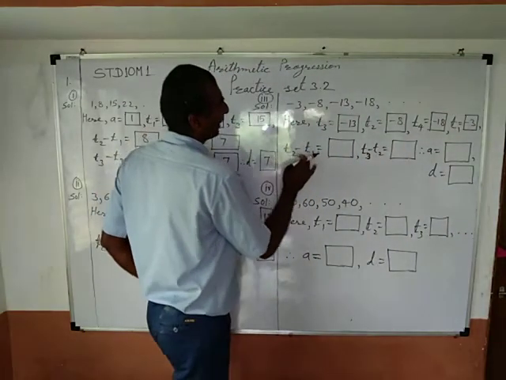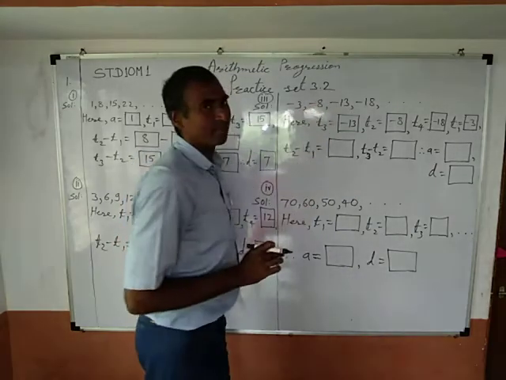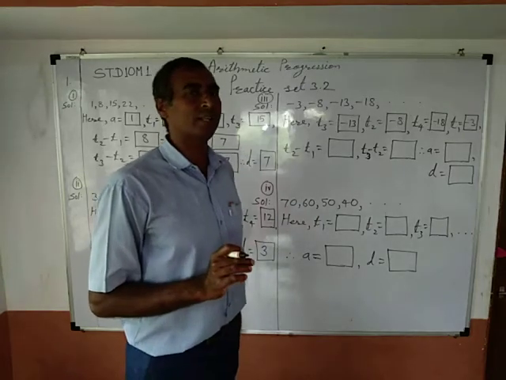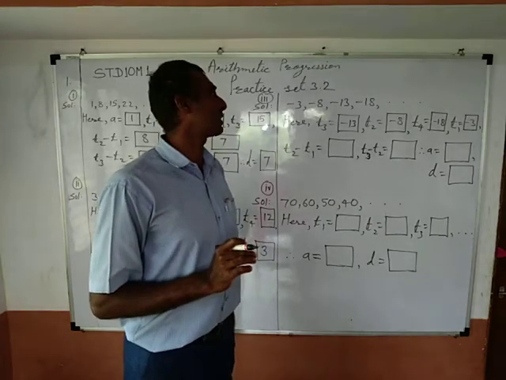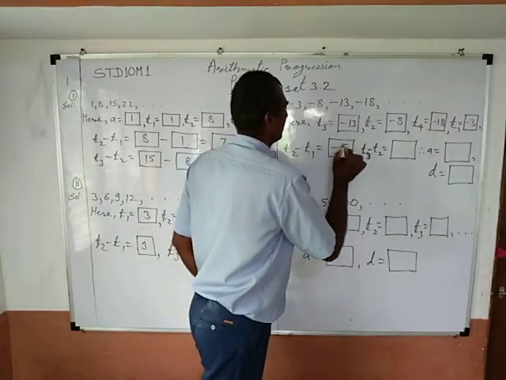Therefore, T2 minus T1 means minus 8 minus of minus 3 equals minus 8 plus 3, and minus 8 plus 3 gives us minus 5.